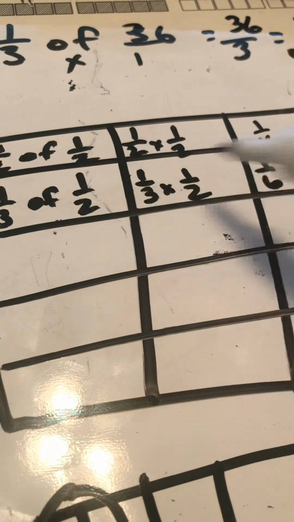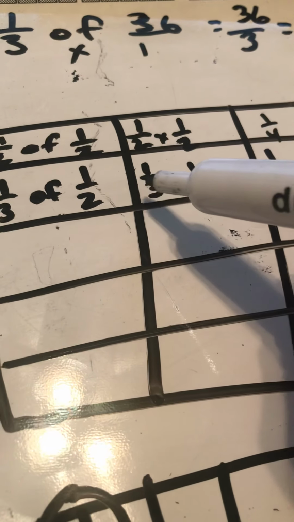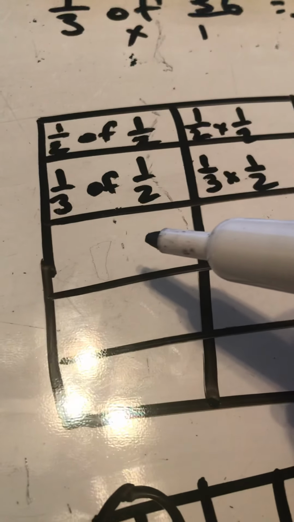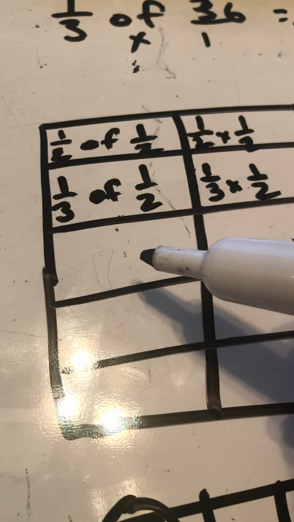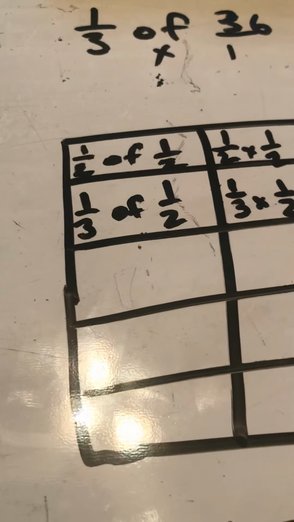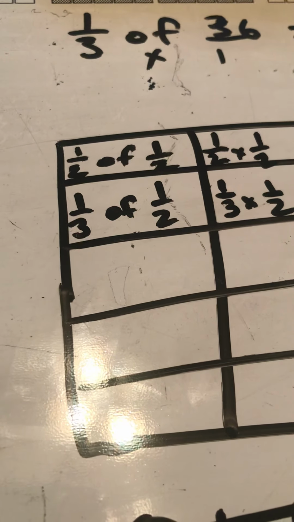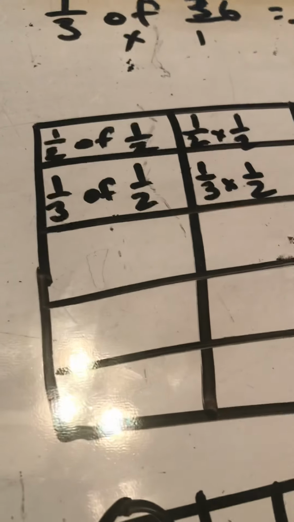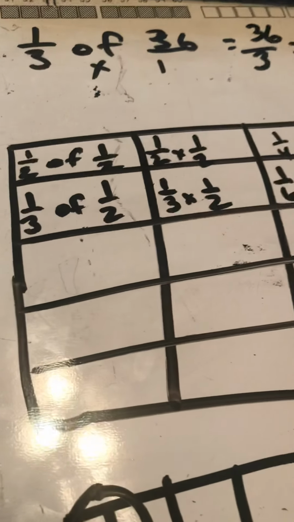Well, we're multiplying. 1/6 is less than a half, and 1/6 is less than a third. If you don't believe me, take a candy bar and then have your mom or dad say, hey, share that with your brother or your sister, and you get your choice between having a half of a bar or a sixth of a bar. You take the 1/6 and see if it's not less.